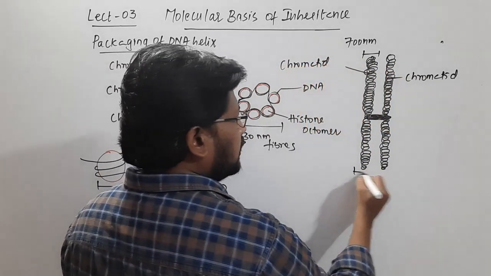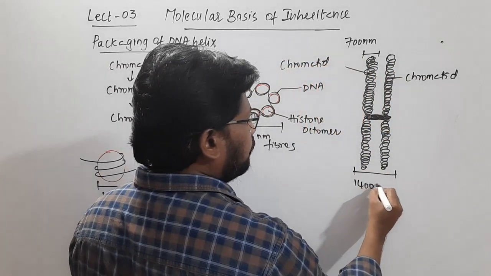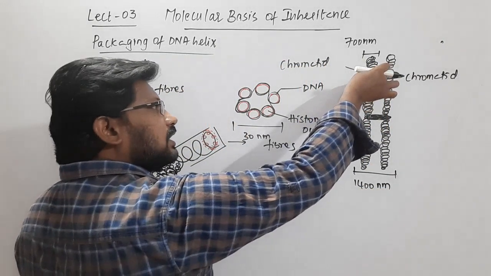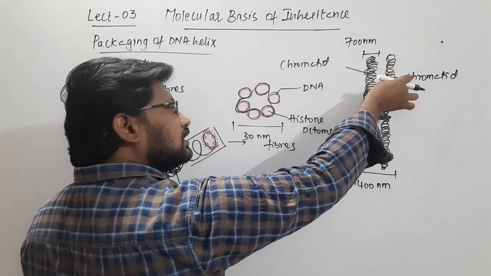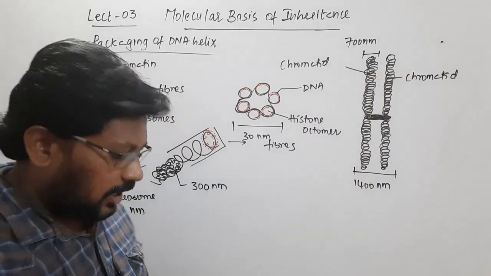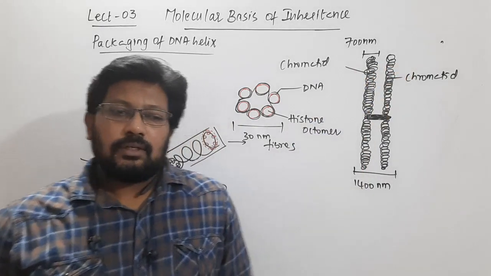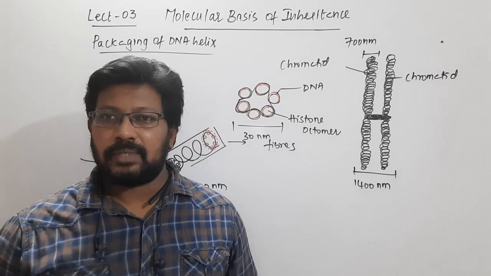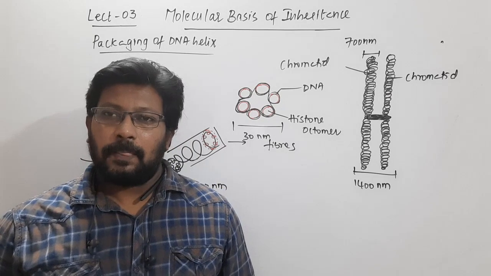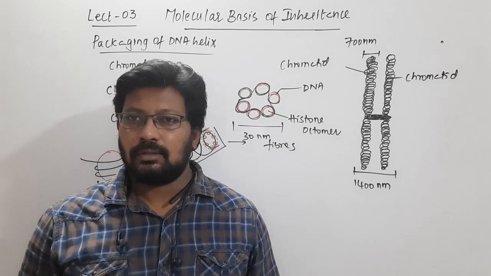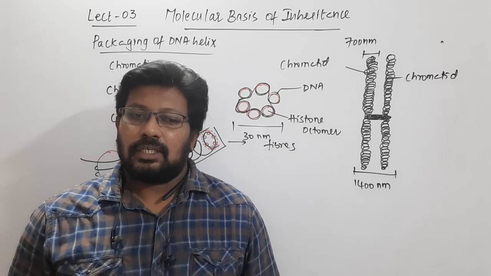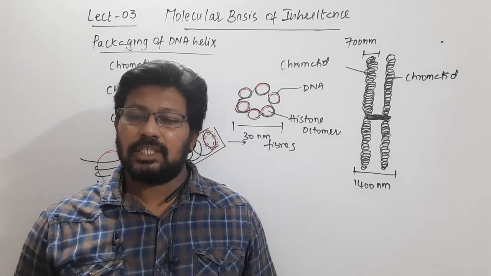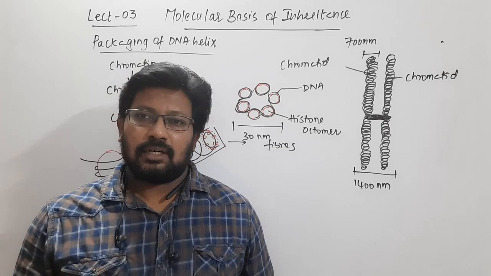Both together result in the formation of 1400 nanometers. So this is 700 nanometers and this is 700 nanometers. It is very difficult to show you in a three-dimensional way, so you can search on Google, just type in packaging of DNA helix, and in one picture itself, of course there are lots of pictures.